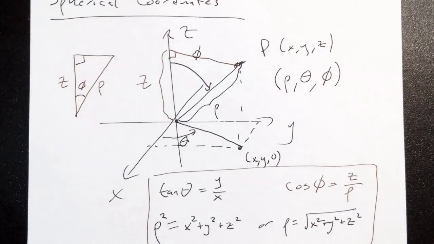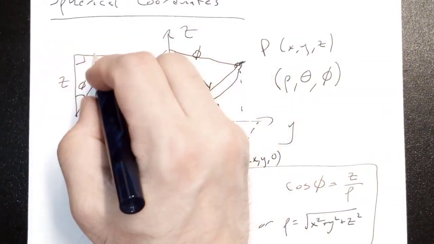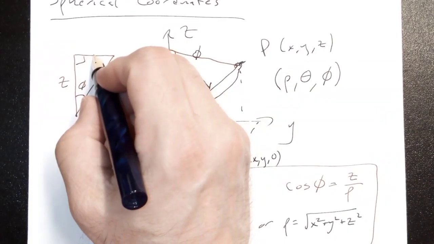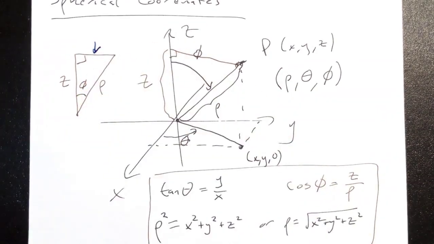Wait a minute. That means that right here is the number I need to figure out. What length is that? Remember, this time I know rho and phi. How do I get that length? I'm doing trig again. I'm happy about this.